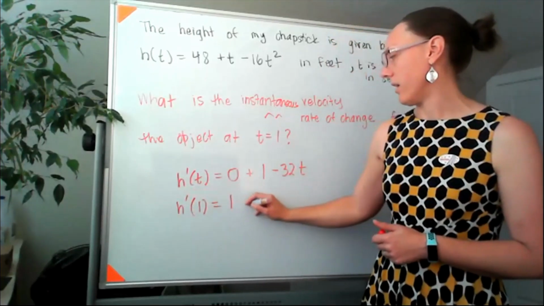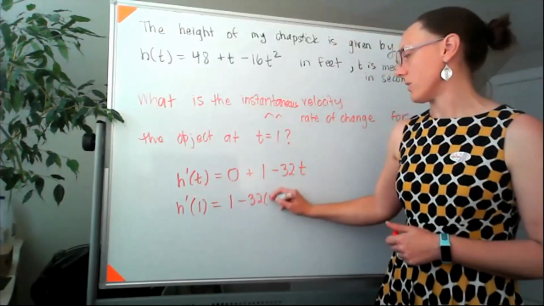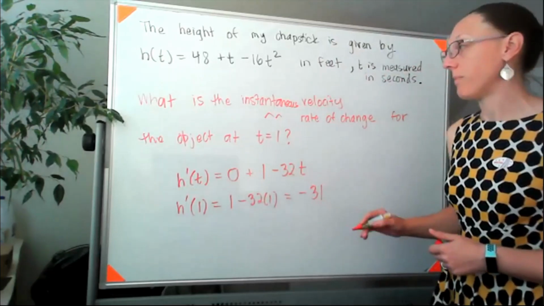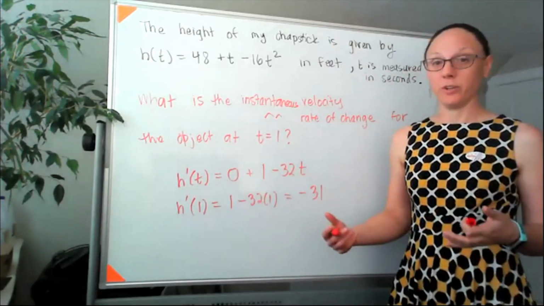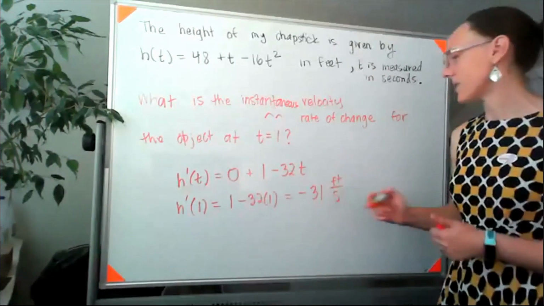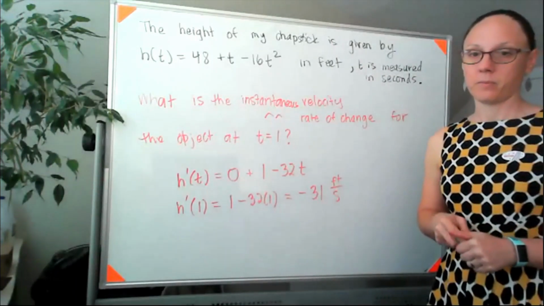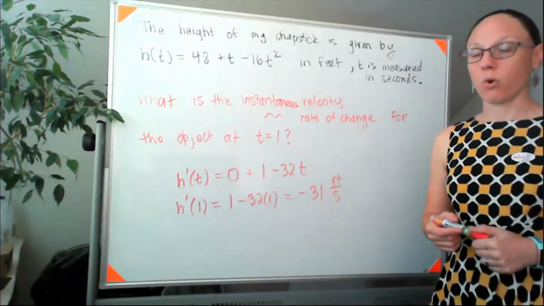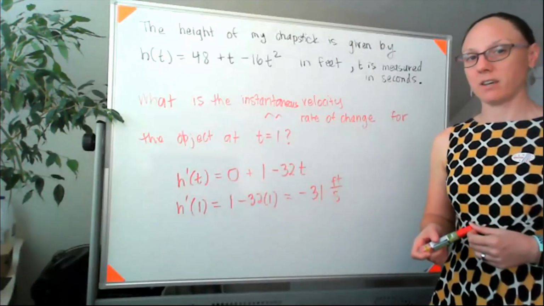So I'd have 1 minus 32 times 1, and I would get negative 31. Again, I want to include units, so I'm going to say feet per second. And that's my instantaneous rate of change, or my instantaneous velocity.